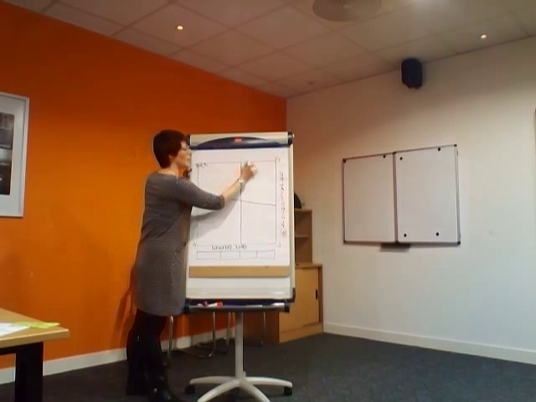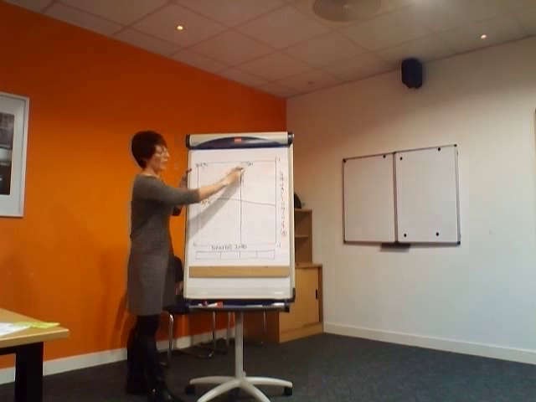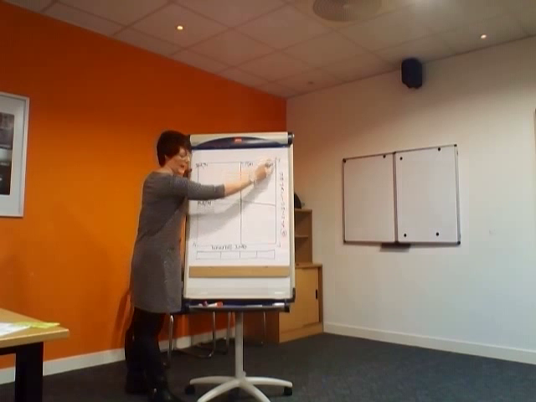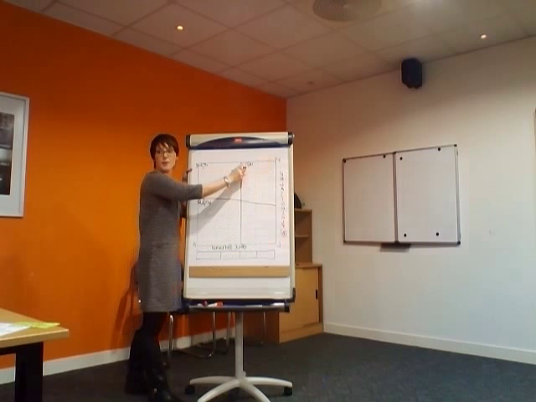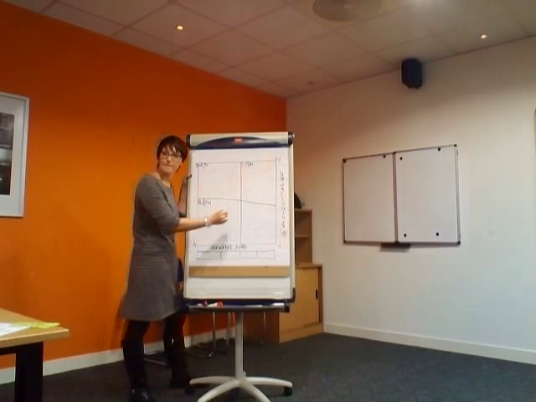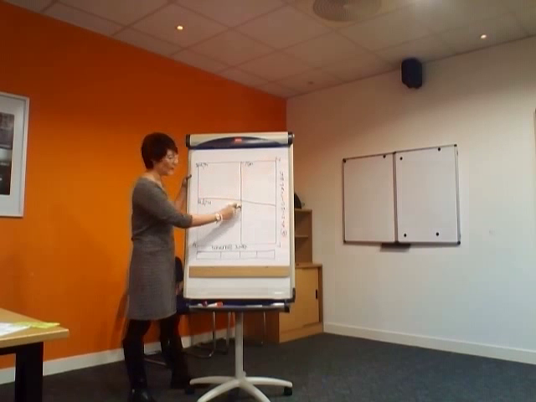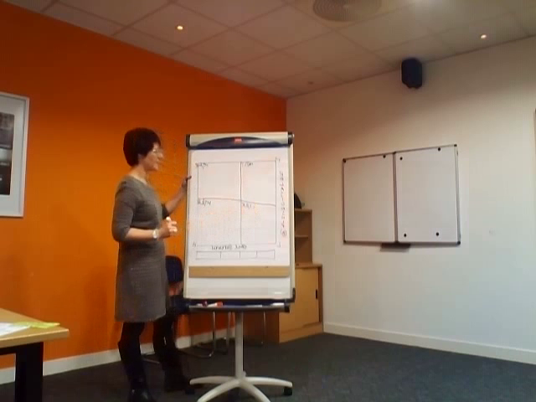Yeah. And what about our task? We move to low on the task. Yeah. Okay. So high relationship, and the task is not high anymore, hence the reason why we're putting low task. All right. Okay, so quadrant number 4, what does that look like? Low on both. Yeah. So low task and low relationship.